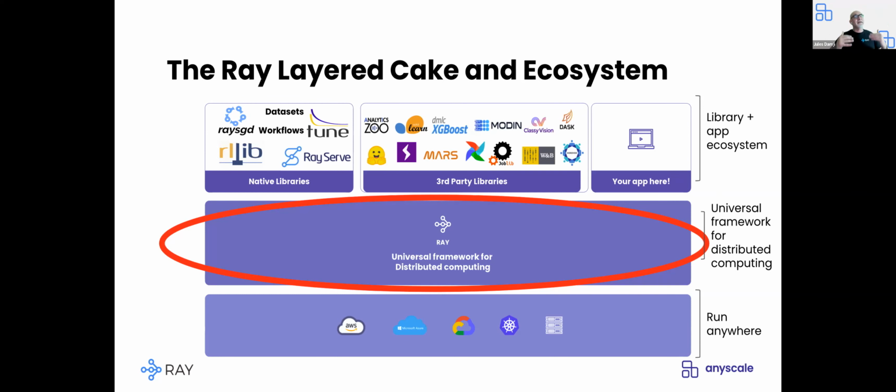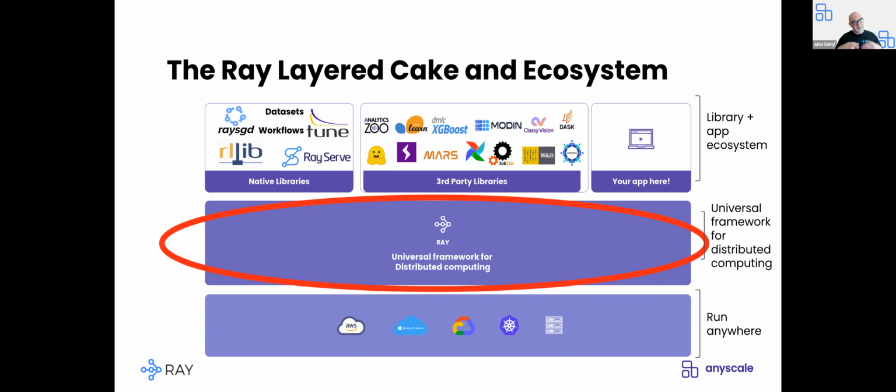you build these native libraries, which you can see on the left-hand side, which are some of the workloads that most data scientists and machine learning people use. Or you can have third-party integrations that run on top of Ray. And if you are one of those people who don't do anything with ML or deep learning, but just want to write a distributed application, you can use those primitives and write your own library to run as a part of Ray.